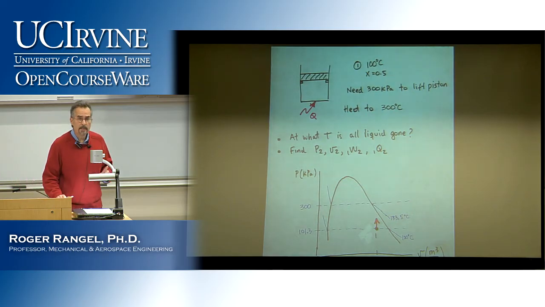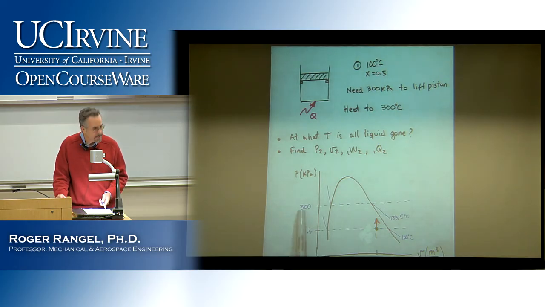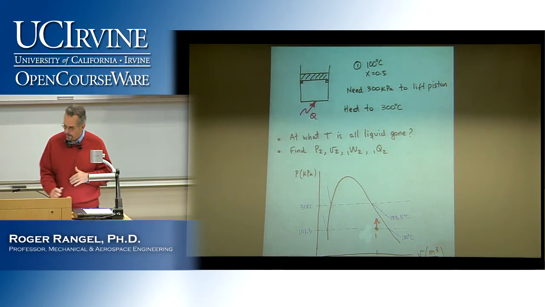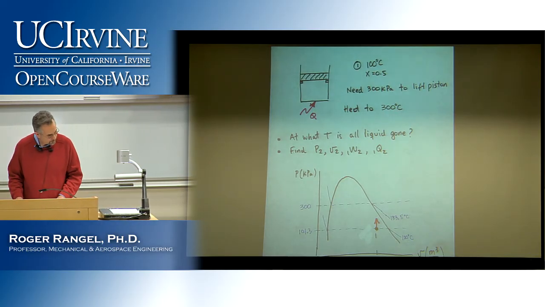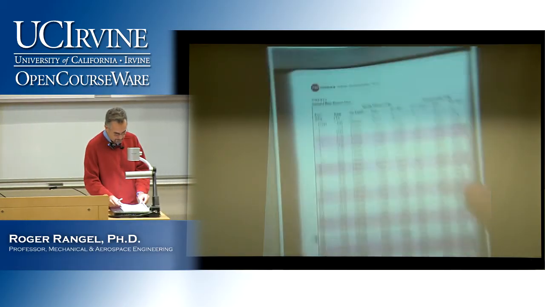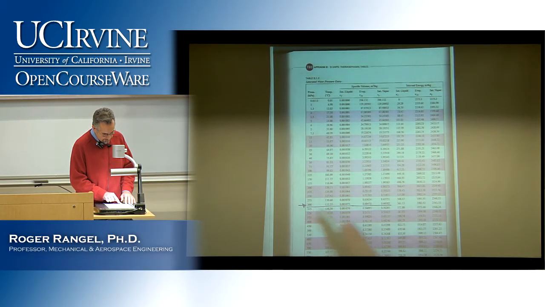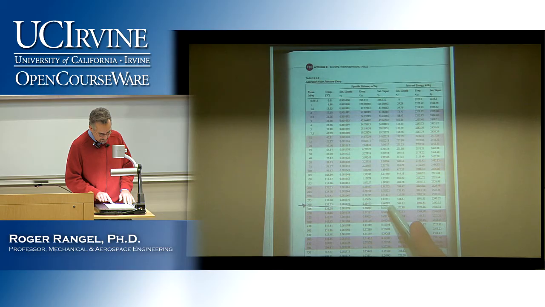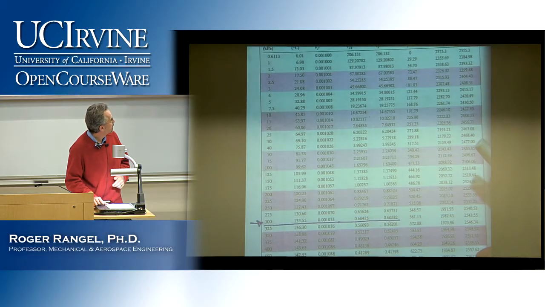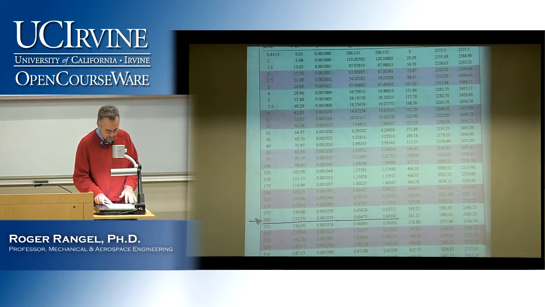Okay. What is another piece of information that is useful here? Well, we should find out the V sub G at 300, because that's when the piston will begin to lift. So if I go to the same table at 300, the one that I marked for the temperature, at 300 kilopascals, I picked that temperature to put on the chart, but I can also read the V sub G and see that it is 0.606.